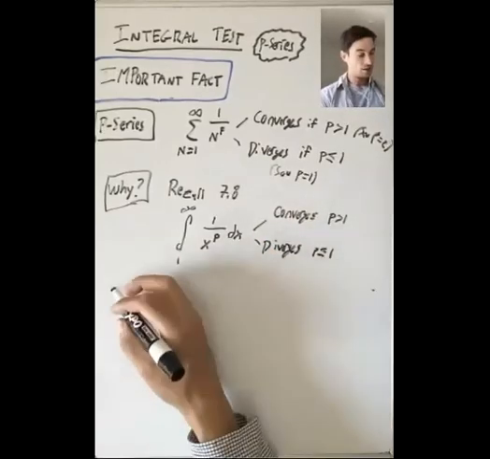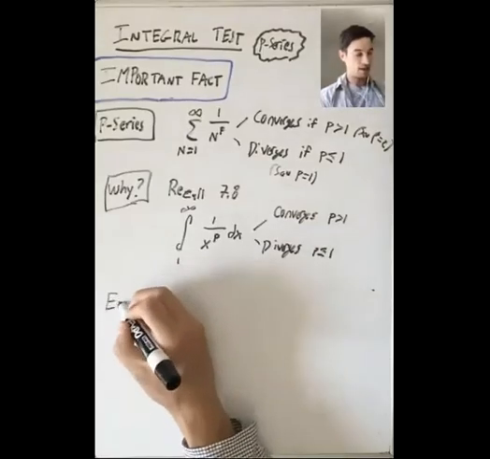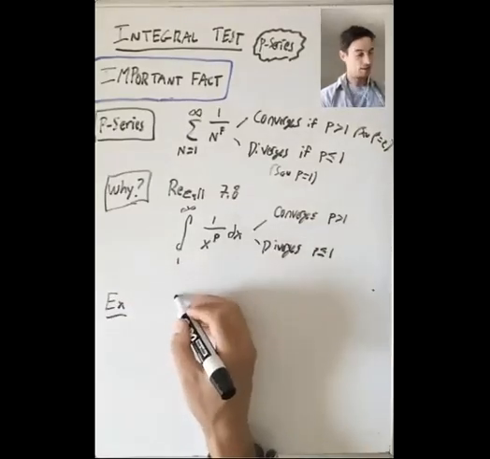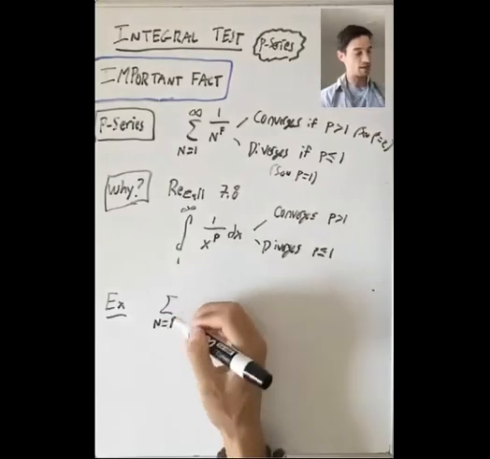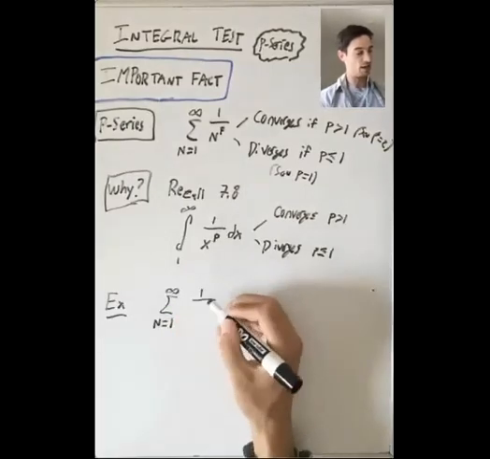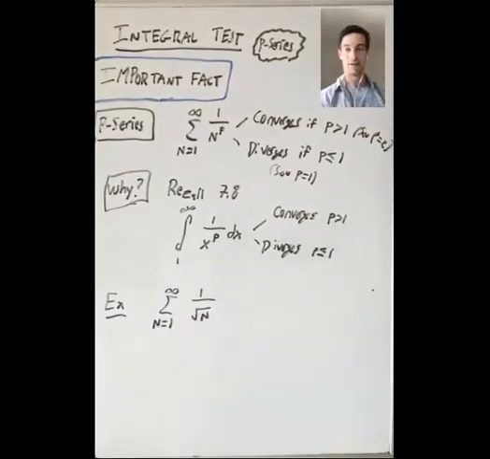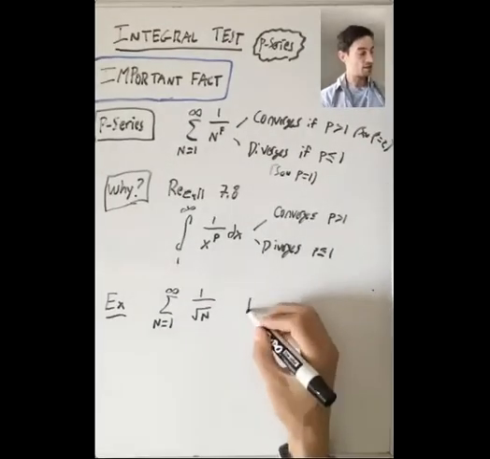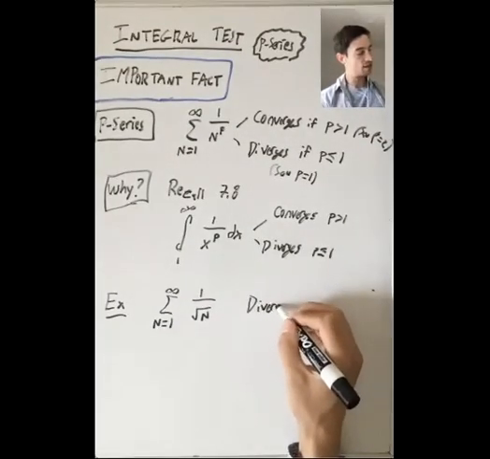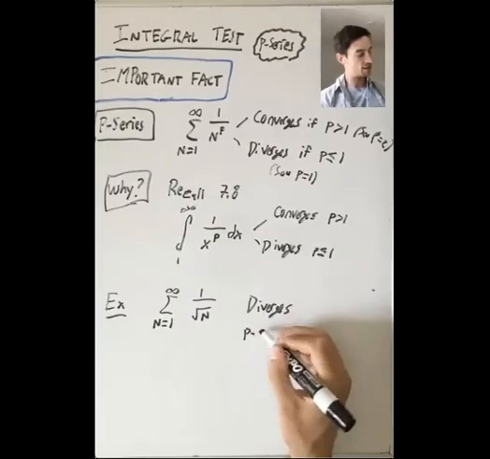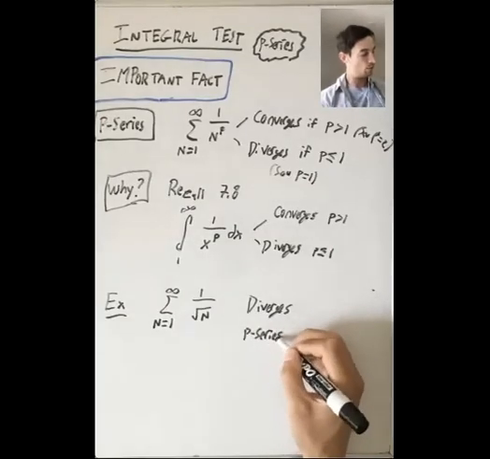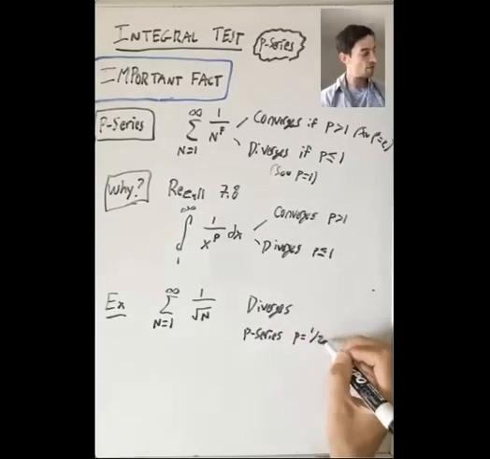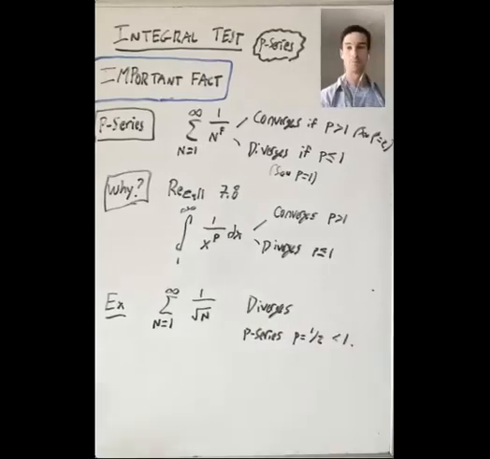Let me finish this video by saying this tells us a bunch of other things, like the sum from n equals 1 to infinity of 1 over square root of n. This diverges because this is a p-series with p equals 1/2, which is less than 1. So p-series are really important.